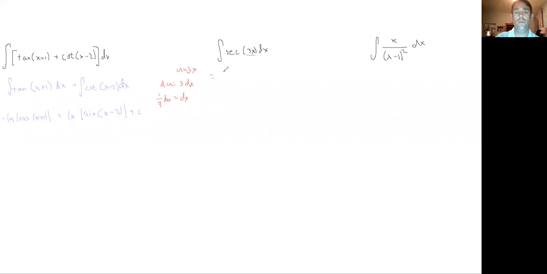So that means when I substitute everything in there, I get my u, I get my 1/3 du. And it's back to being just another one of my natural log trig ones. But at least now I can see it a little bit easier, and I've dealt with that 3 in the middle.